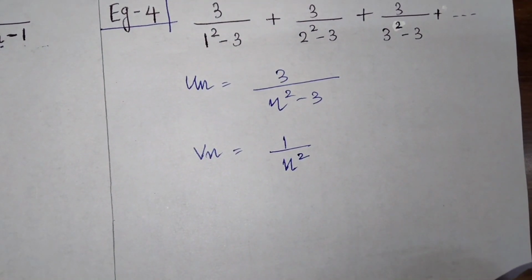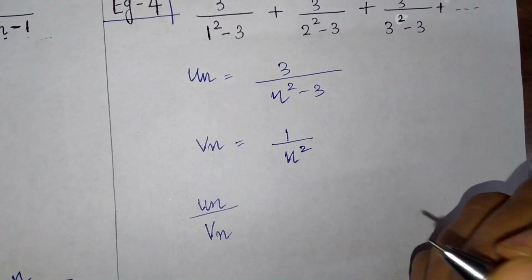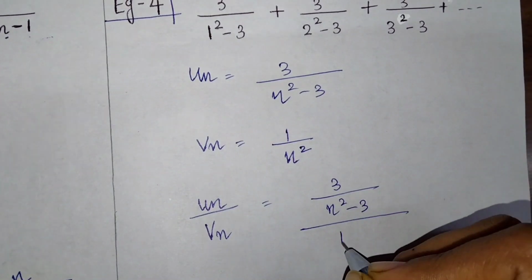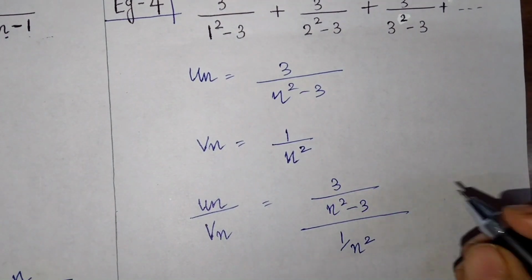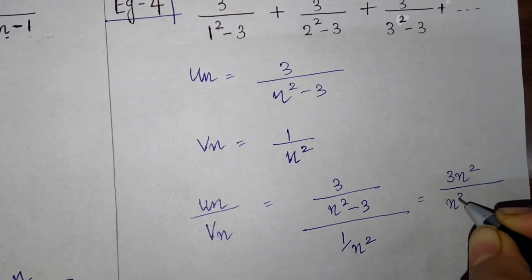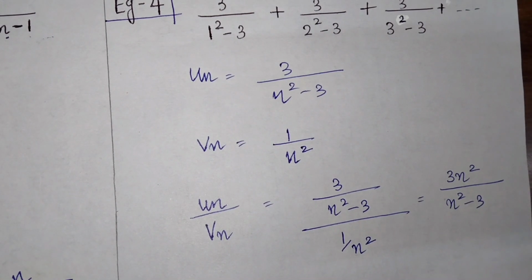And now according to comparison test, if we take ratio of Un by Vn, then we will get 3 upon n square minus 3 divided by 1 by n square. So we can rewrite this equation as 3n square divided by n square minus 3. Okay?